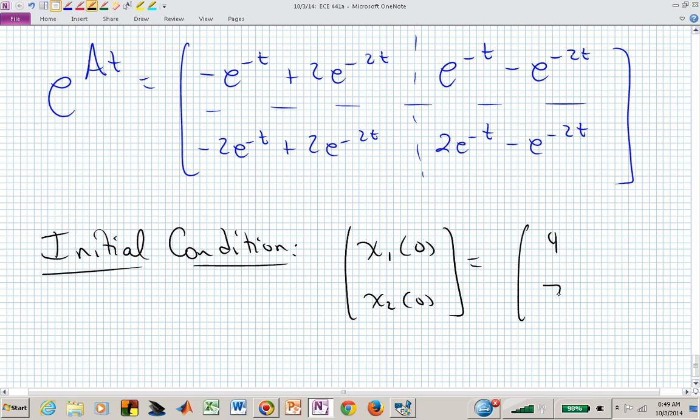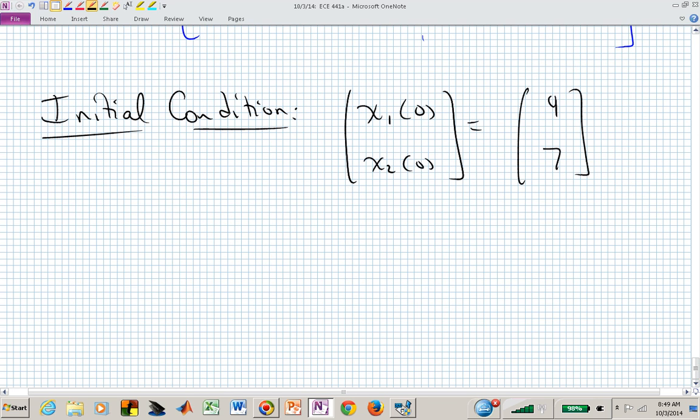If somebody gave you an initial condition of 4 and 7, what's going to be your system response? Initial condition response, I didn't say anything about an external input. U of t, I'm saying, is 0. What is x of t?